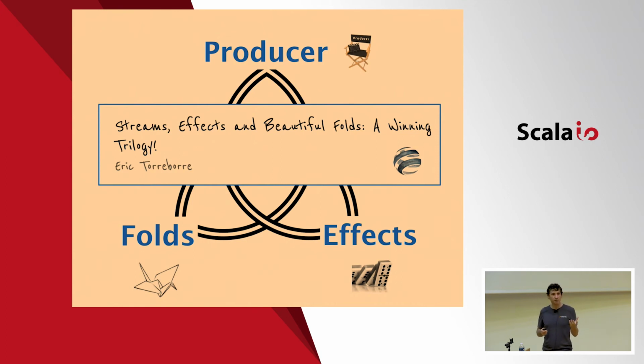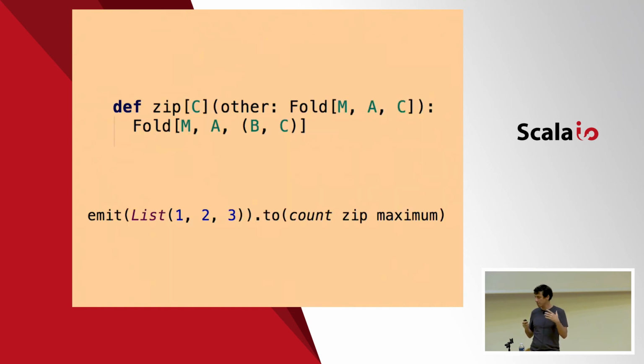And then there's this idea of the fold. So I'm just going to say one word about this today because that's just an idea that I love. So all the reporters in Specs2 are actually folds. So they are objects that are going to receive all the elements of the stream as they arrive and do something with those elements, like outputting them to the console or filling in an HTML file.